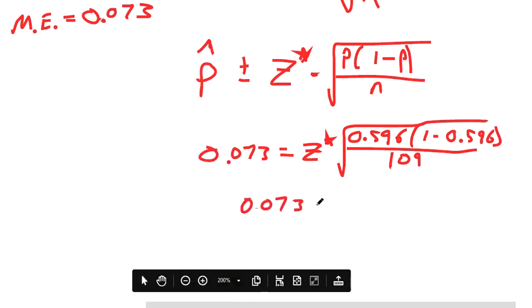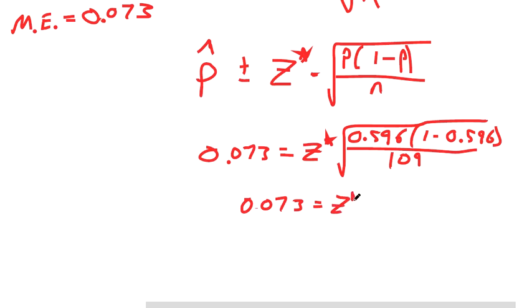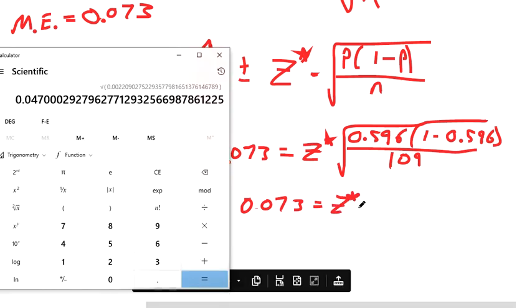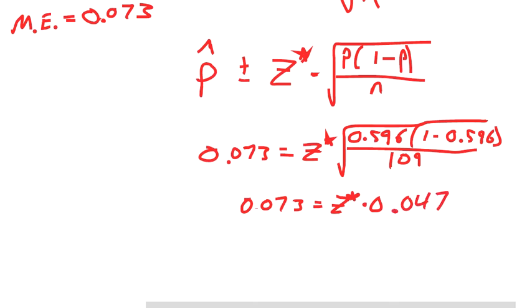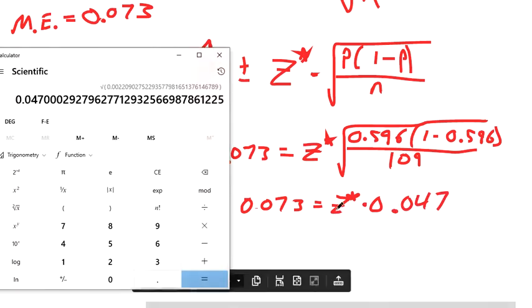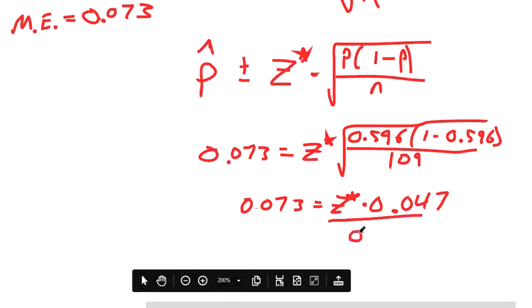0.073 equals z star times 0.047. And then to finish getting z star by itself, I'm going to divide both sides by 0.047.